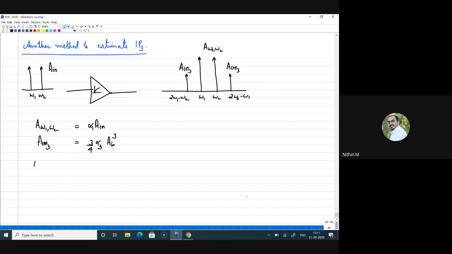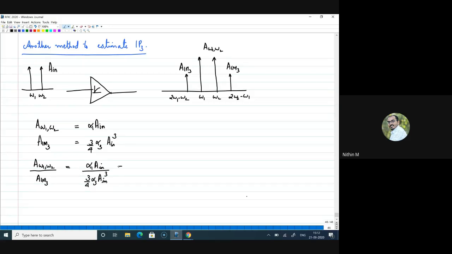Now if I take a ratio of the fundamental component at the output to the intermodulation component at the output, A omega 1 omega 2 by AIM3, I can write it as alpha 1 A in divided by 3 by 4 alpha 3 A in cube.